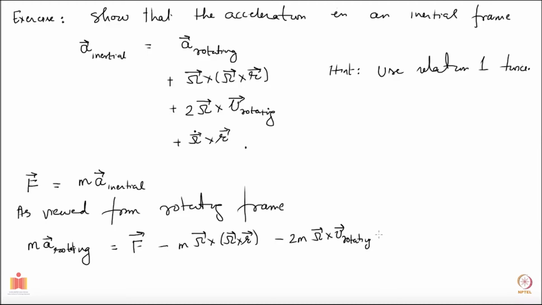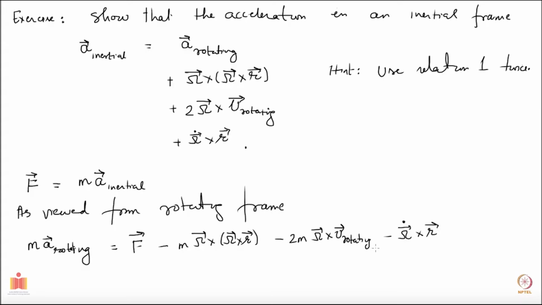And then you have, I think it should be minus, let's check, correct, it should be minus M omega dot cross R. Okay, so that's what you will have. Is that all correct? It is all correct.